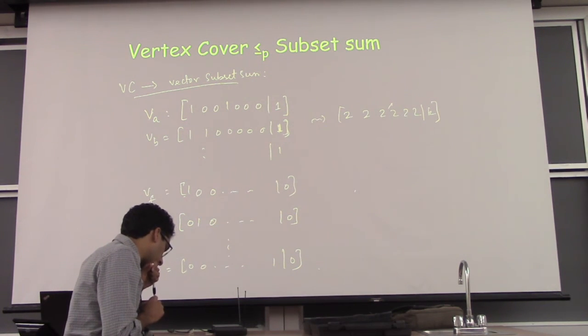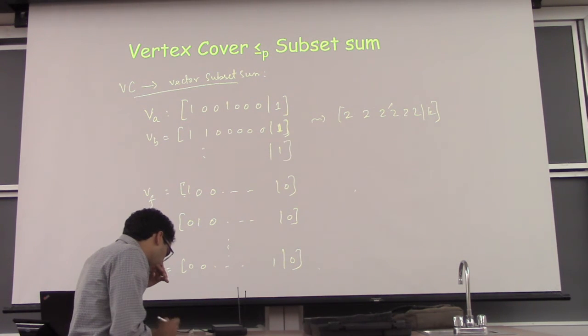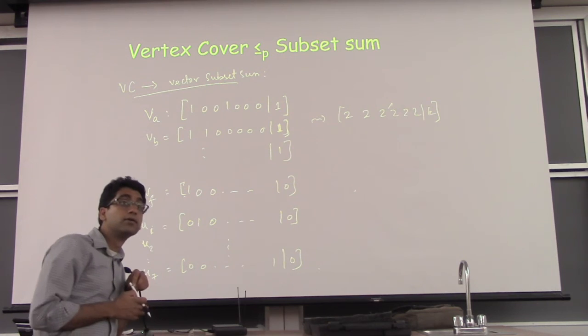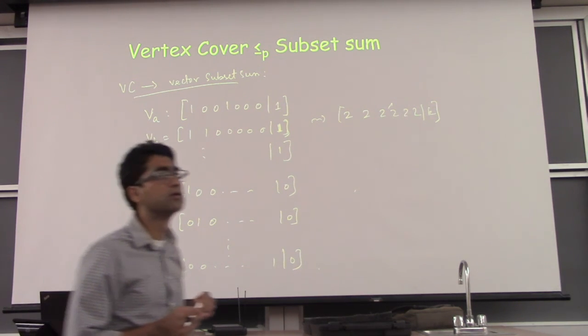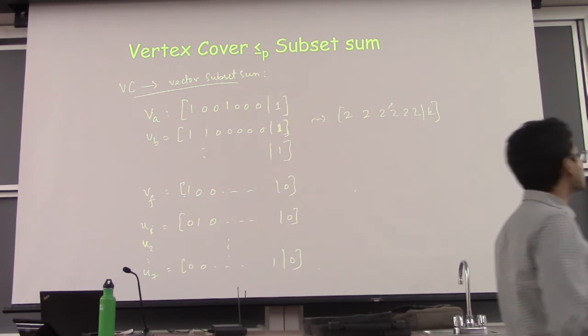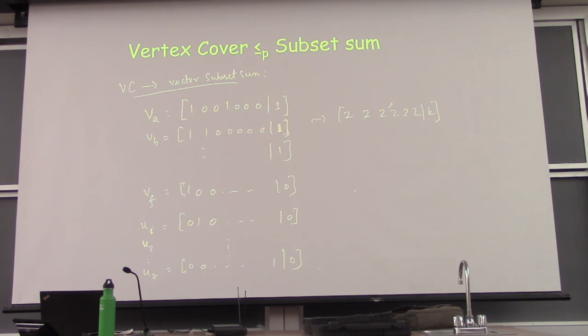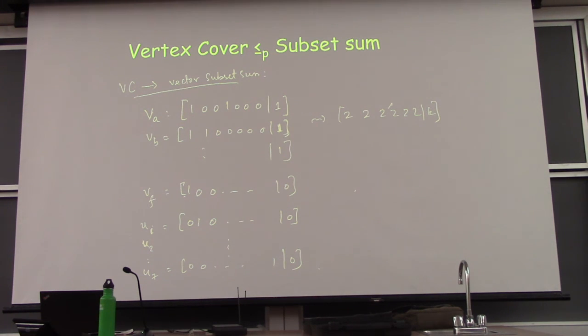If it's all twos, doesn't it mean that all the pages are being picked? Yeah, so the point is you can't pick one edge more than 2 times. I'm using that fact implicitly. I'm saying that all of the vertices are being picked, like n vertices. No, because I'm allowed to use these extra vectors.